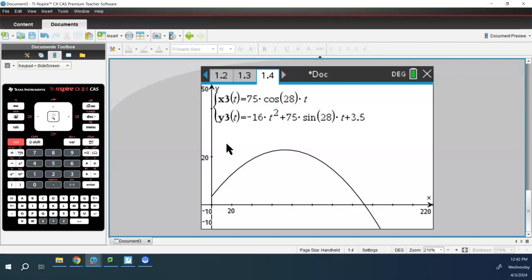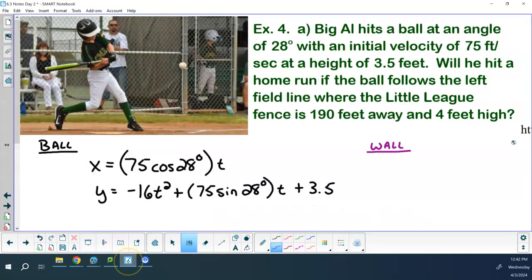Okay? Now, here's the cool thing with parametric equations. Let's build the wall to see if you hit a home run or not. So my X value for my wall is going to be 190 because the wall is 190 horizontal feet away from me.